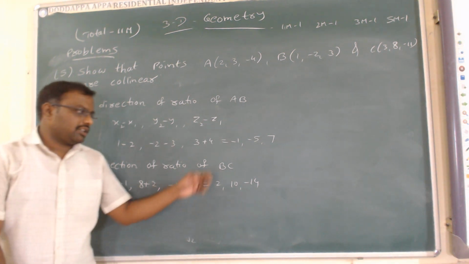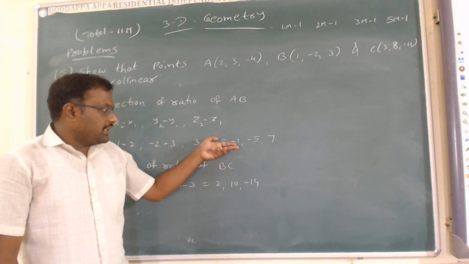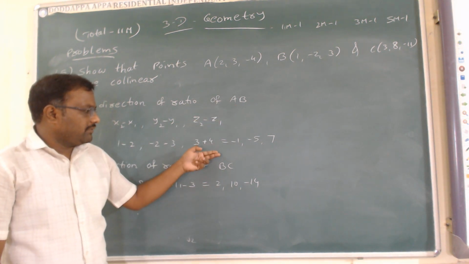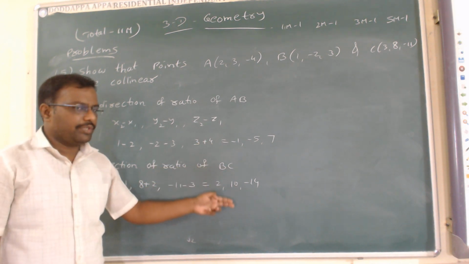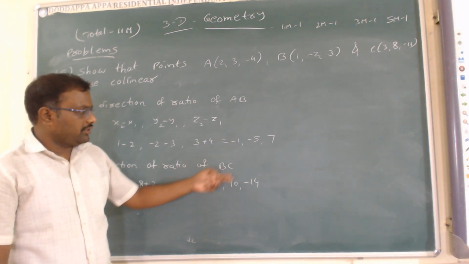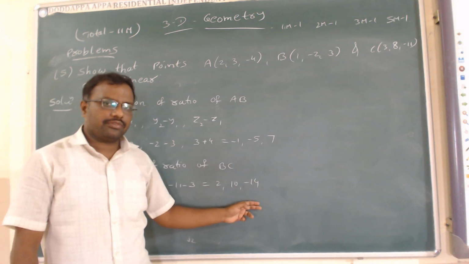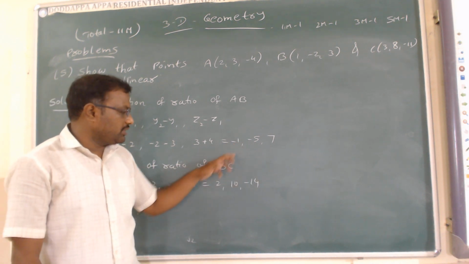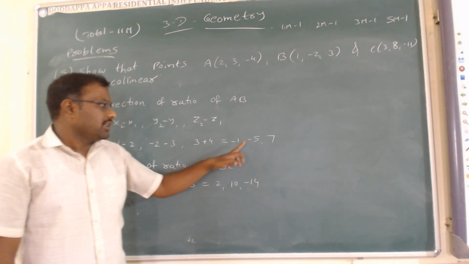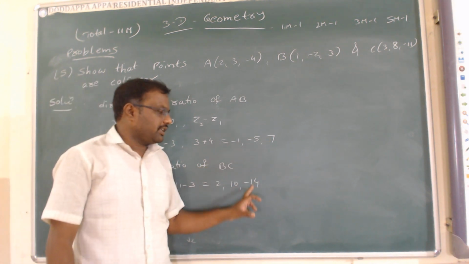Now you can observe that the ratio of AB is double the ratio of BC. 1 is there, here 2; 5 is there, 10; 7 is there, 14, means double. And opposite in sign: here minus, here plus; here minus, here plus; here plus, here minus.